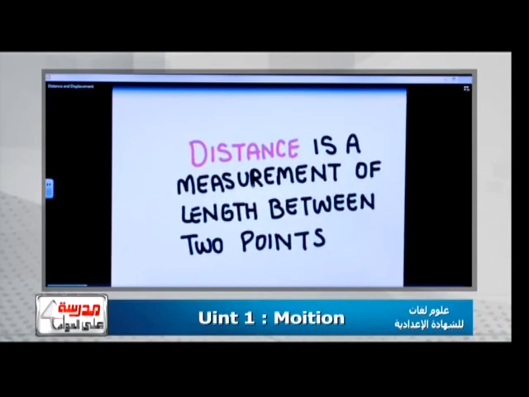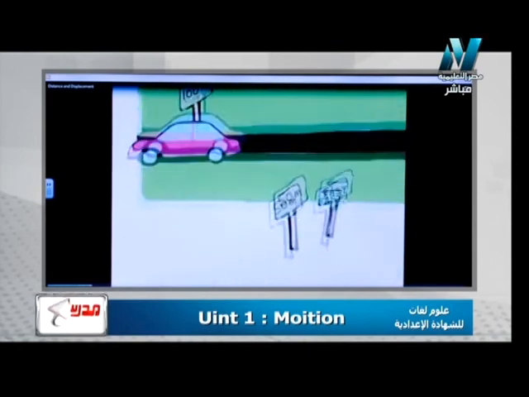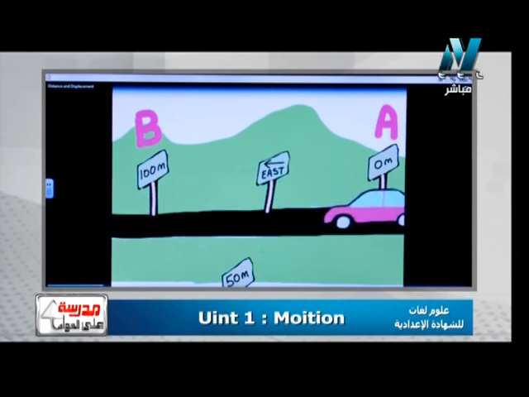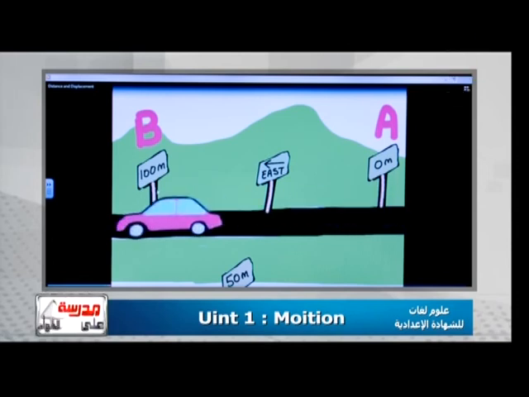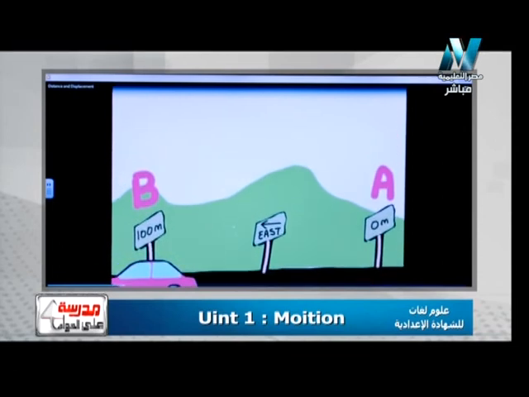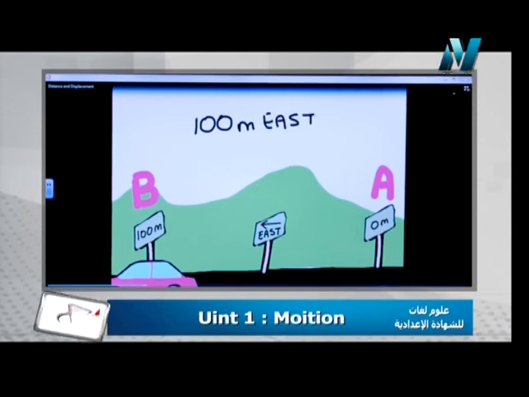Distance is the measurement of the actual length moved from A to B. Pay attention here, because we were asked this question today. But if we want to know the direction, it says east direction, so here we know the displacement: 100 meters east direction.